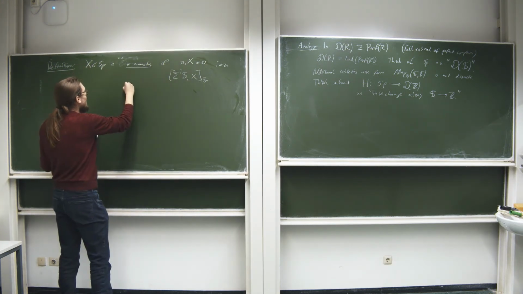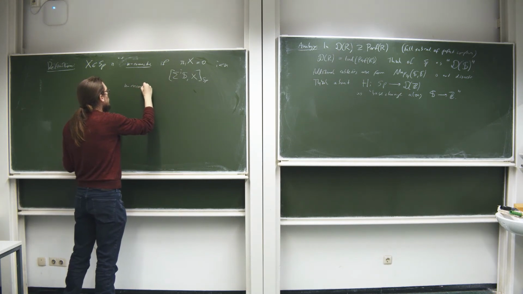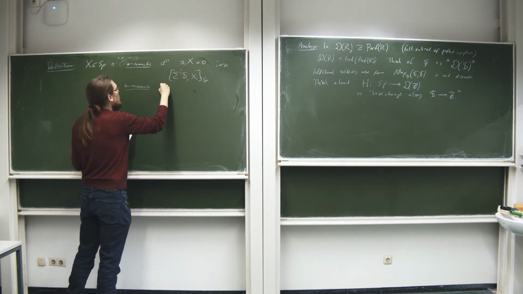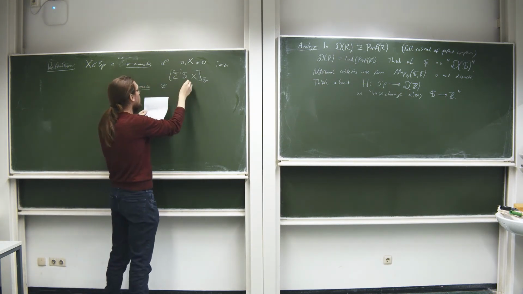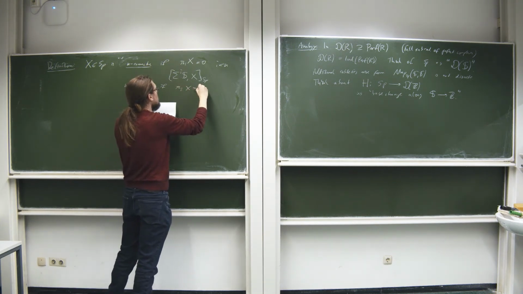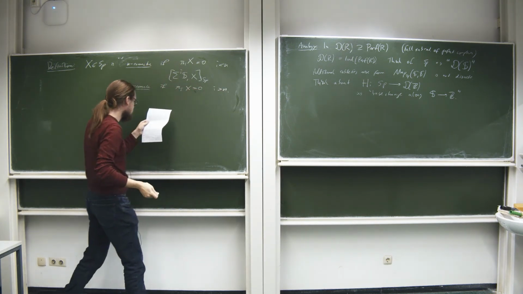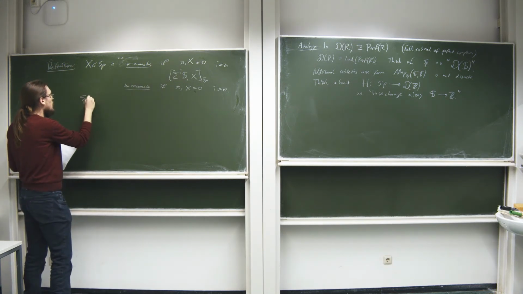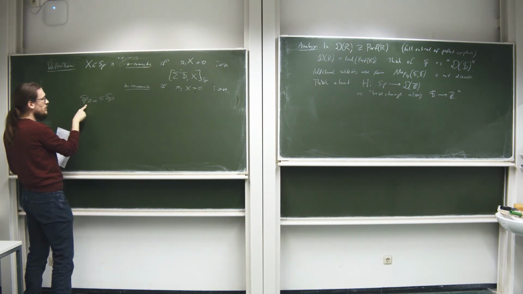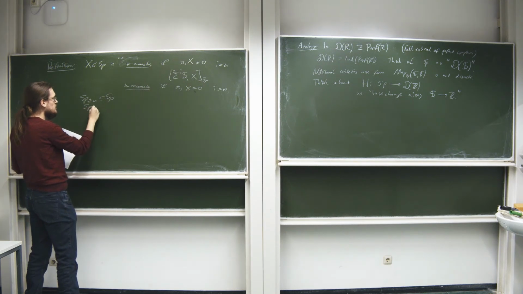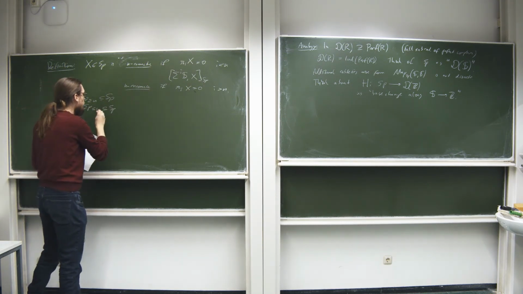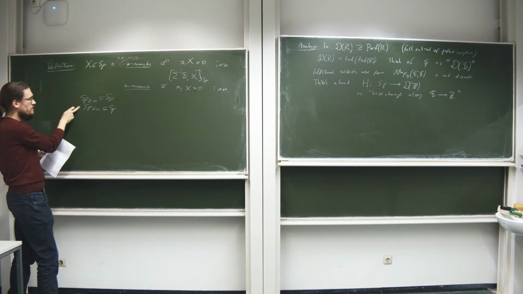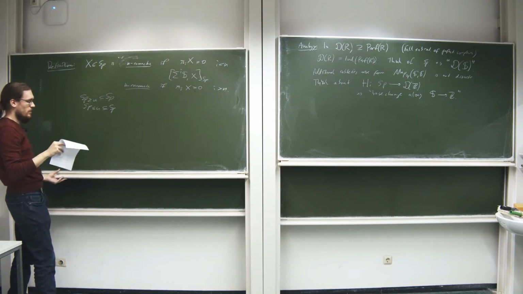And similarly, we call it n-coconnective if pi i of X is 0 for i bigger than n. And we denote by SP bigger or equal n and SP smaller or equal n the full subcategories of n-connective or n-coconnective spectra.